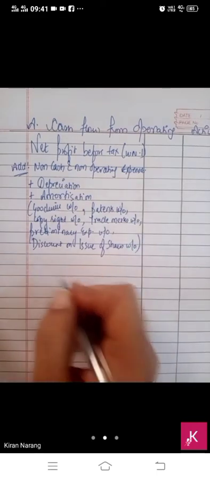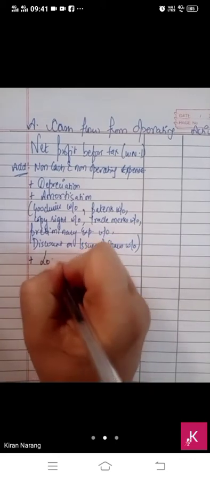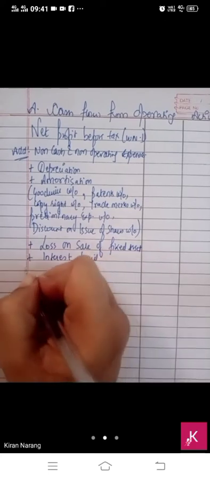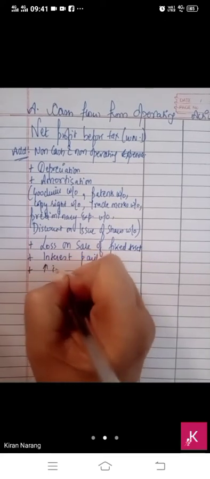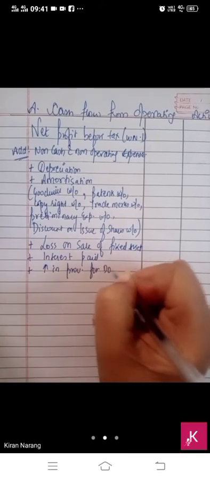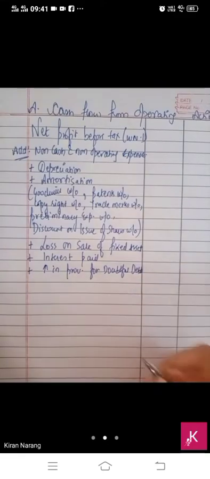Then loss on sale of fixed asset. If you have sold any fixed asset at some loss, you will add that back. Then interest paid. Then increase in provision for doubtful debts.